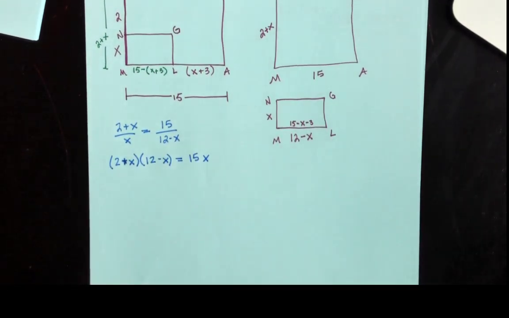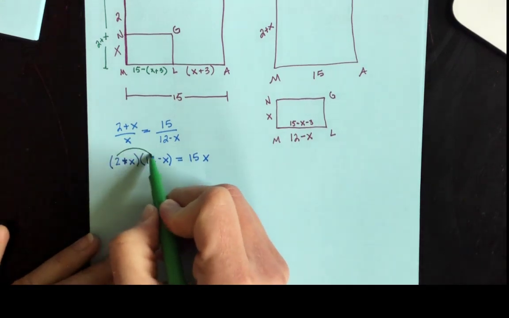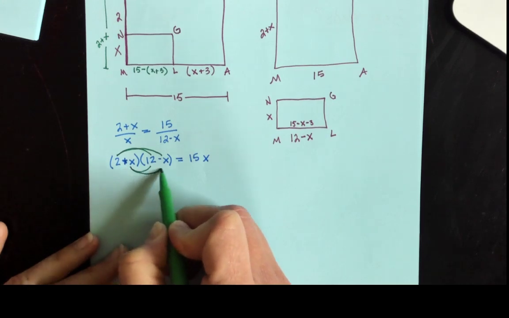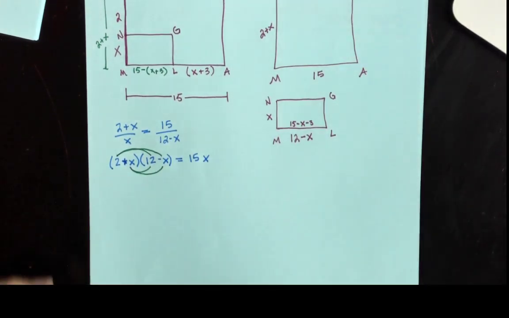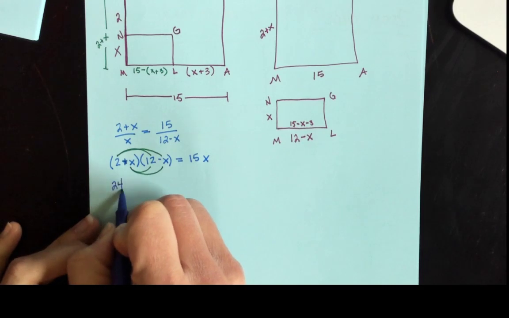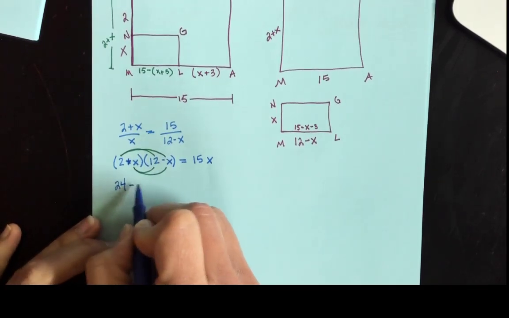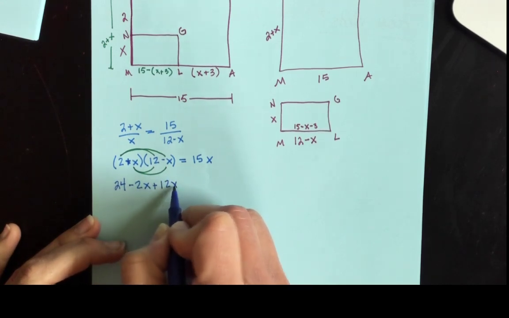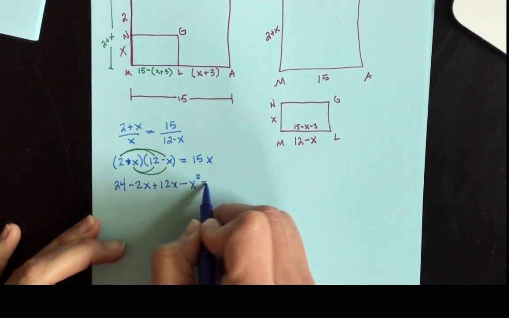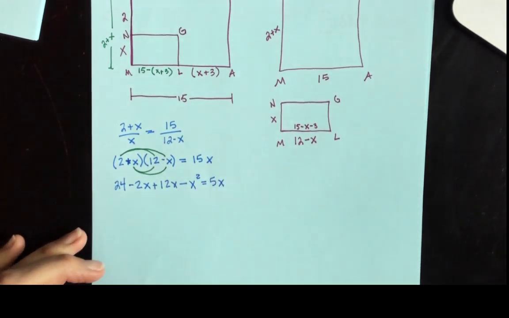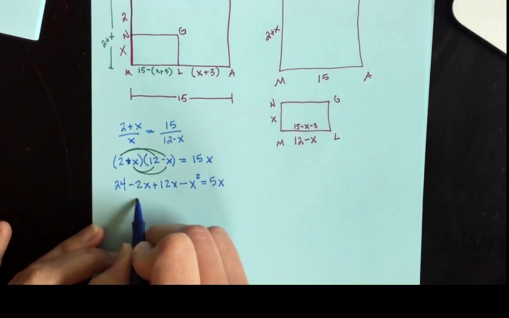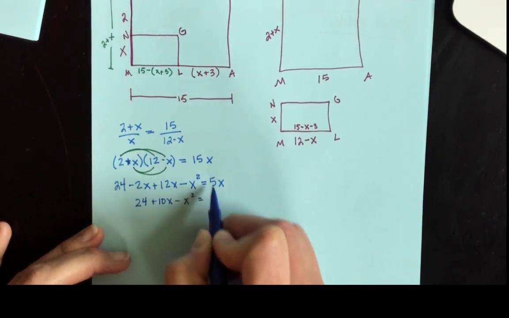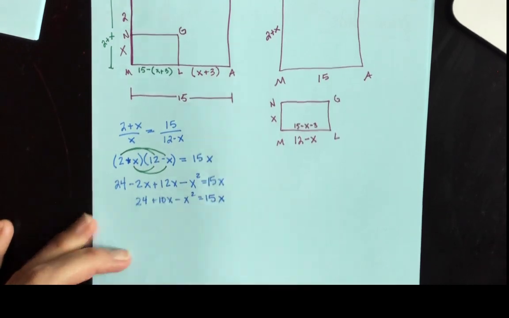So when I distribute, I take the 2 times 12 and the 2 times negative X, and then X times 12 and X times negative X. So we end up with 24 minus 2X plus 12X minus X squared equals 15X. When I combine like terms, we have 24 plus 10x minus x squared equals 15x.